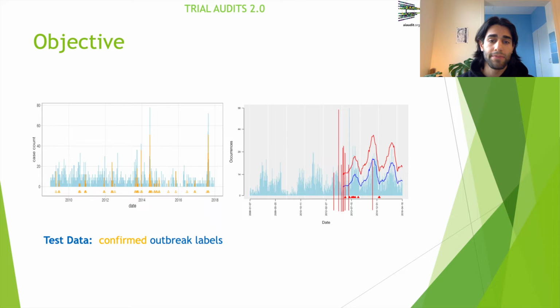So these epidemiologists investigating cases might identify outbreaks, meaning one underlying cause, and then they will report that.